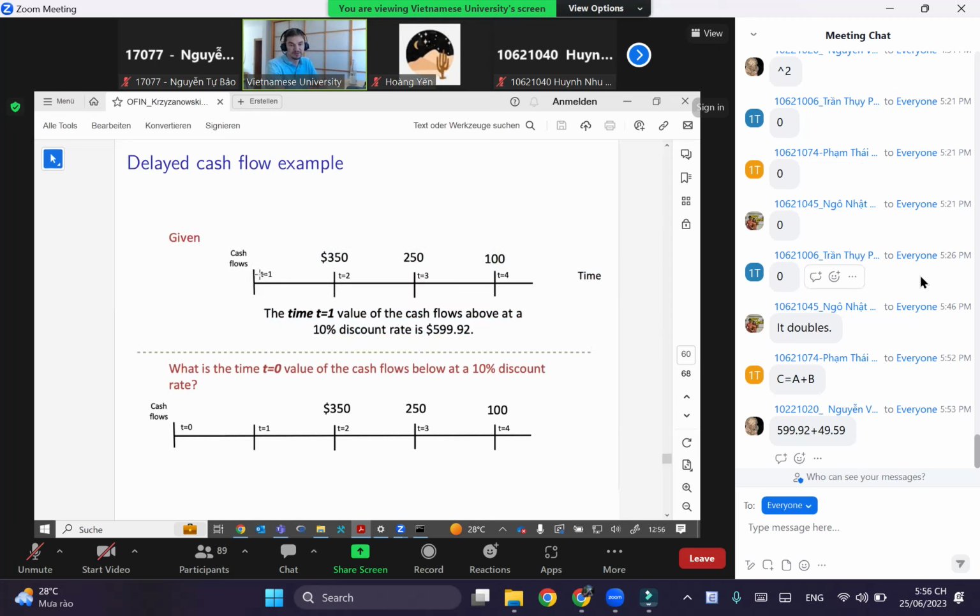What would we have to do in order to obtain from these 599.92 the T0 value, meaning the present value of this stream? What would we have to do with all the knowledge we have so far?